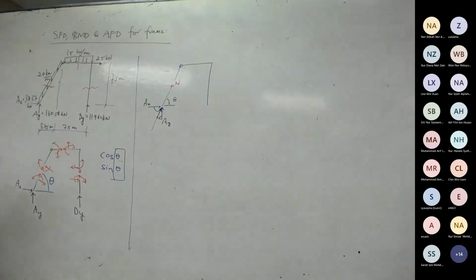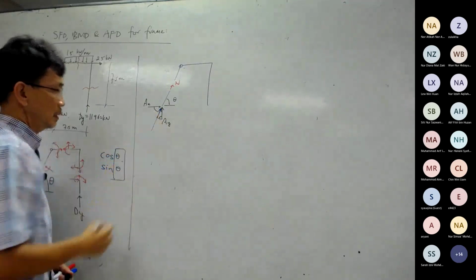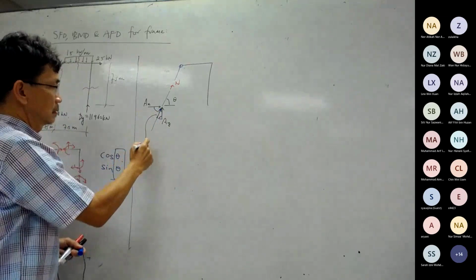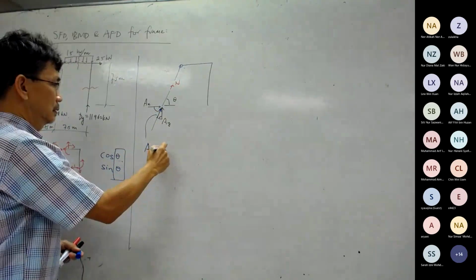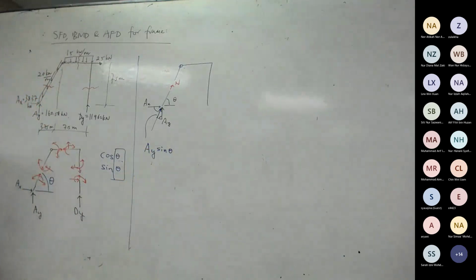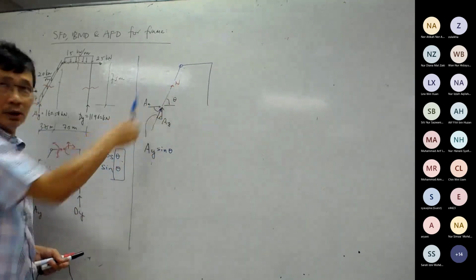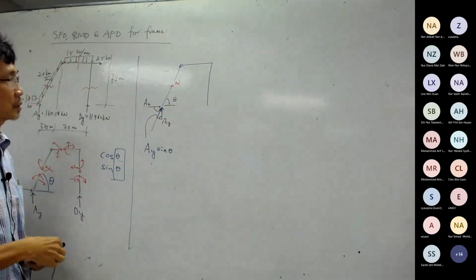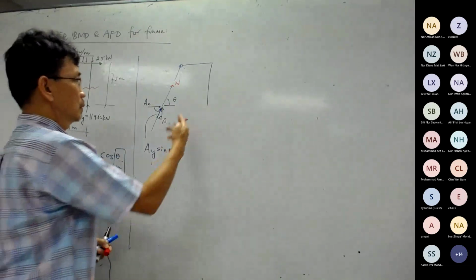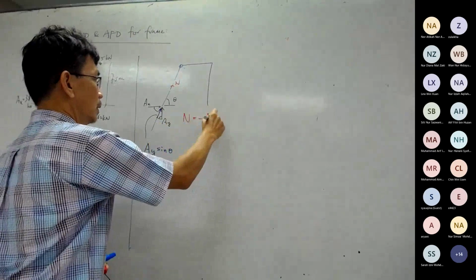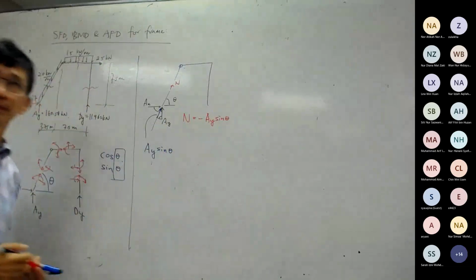So if this is theta, this particular blue one will become AY sine theta. So this AY sine theta will contribute to axial force. So when we calculate axial force, it will be equal to minus AY sine theta.